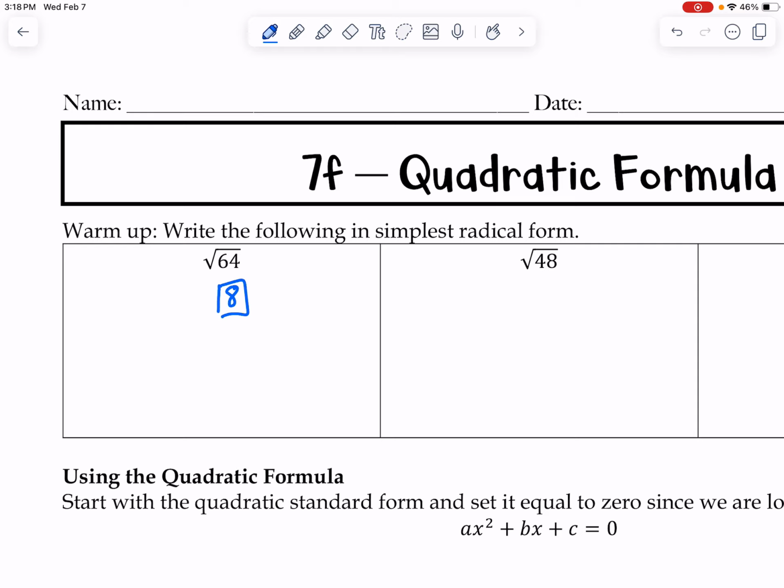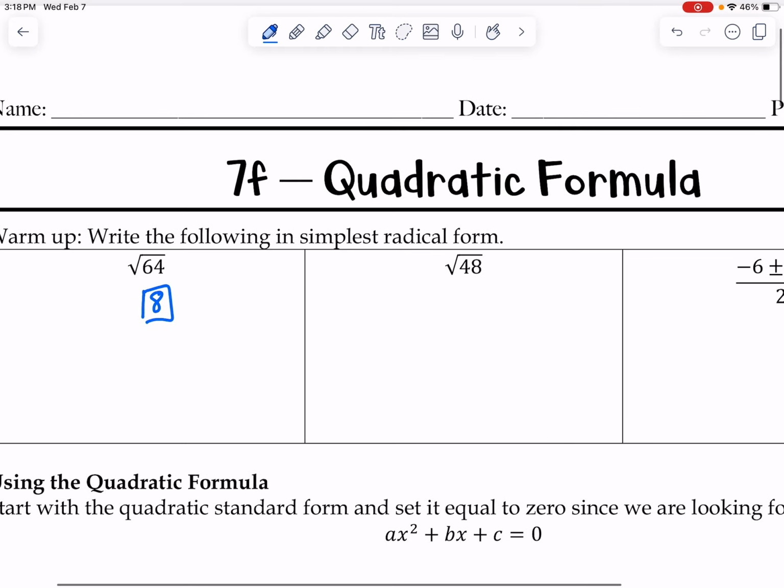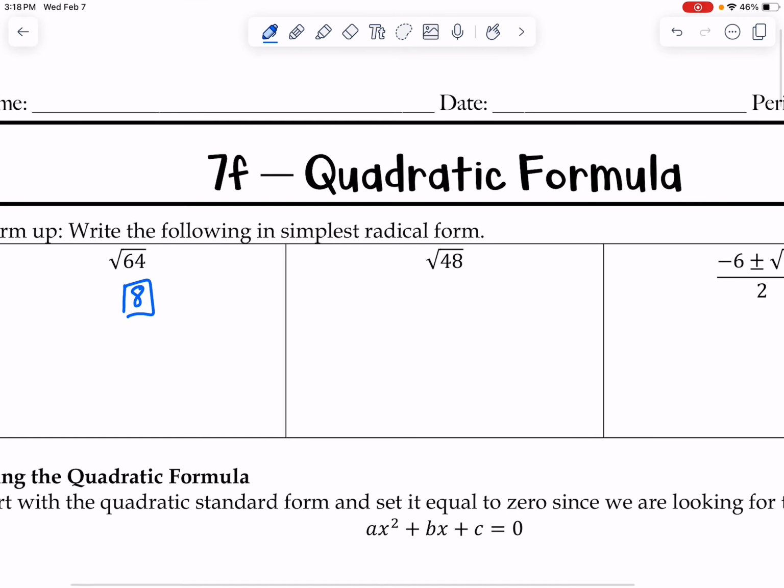If you were to make a factor tree for that, you would have nothing left under the radical. For example, you would do 2 and 32, 2 and 16, 2 and 8, 2 and 4, 2 and 2.